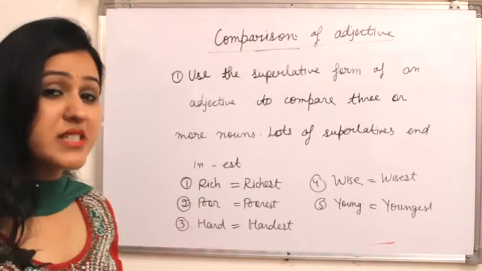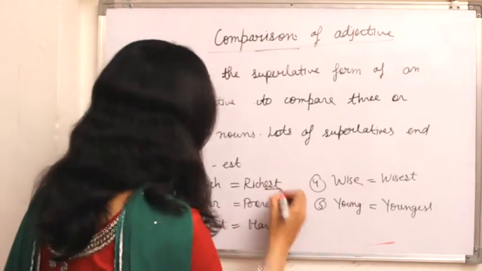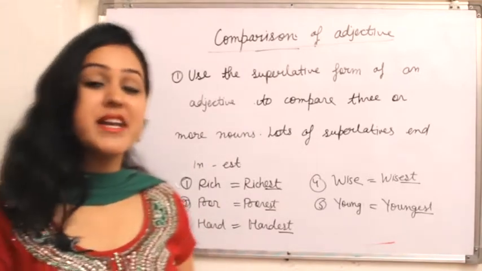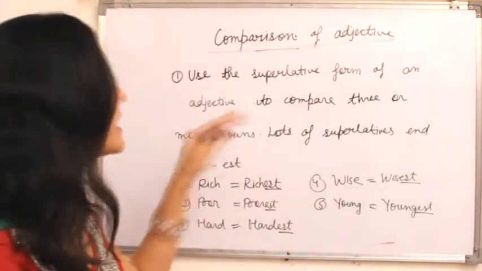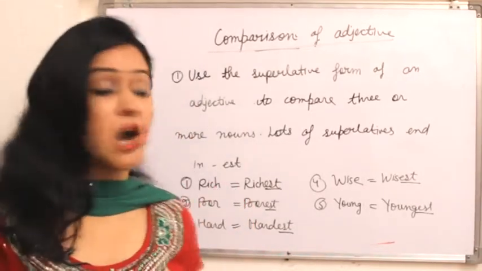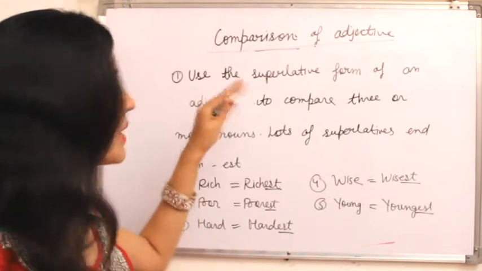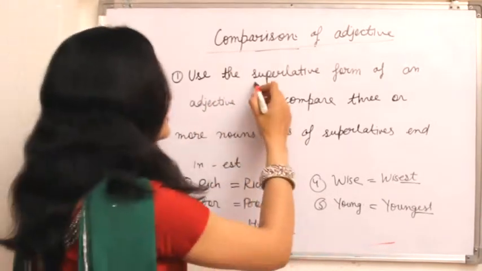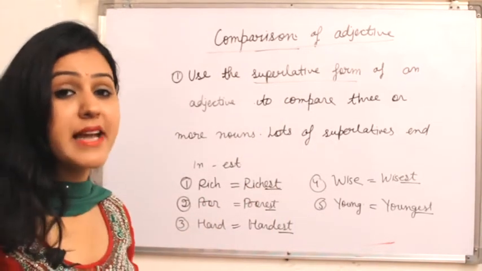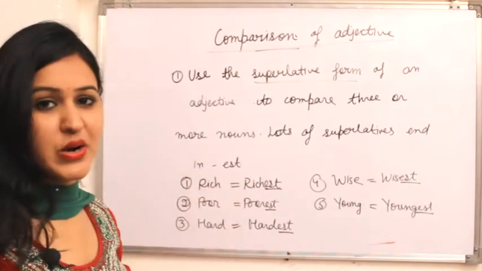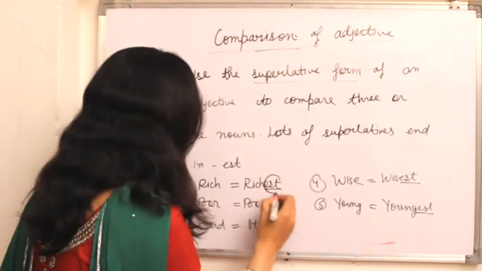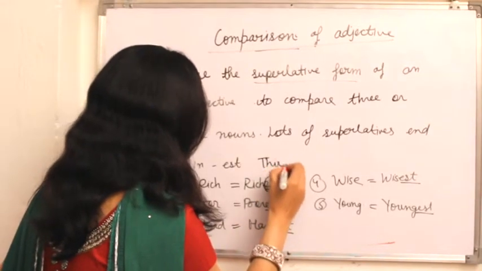So why do I use this type of est form? Because when we're talking about the superlative form of an adjective to compare more than two nouns, then we use the superlative form, and we can remember that lots of superlatives end in est. Okay, so I write here rich equals richest. So we can recognize that this is the third degree.